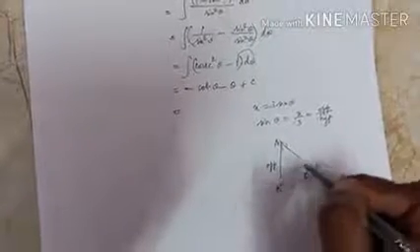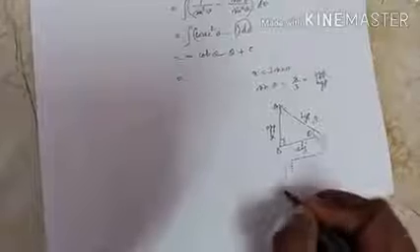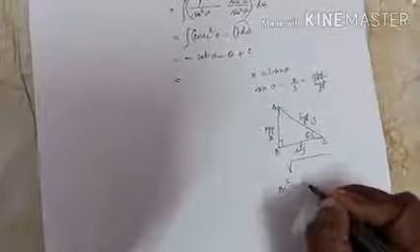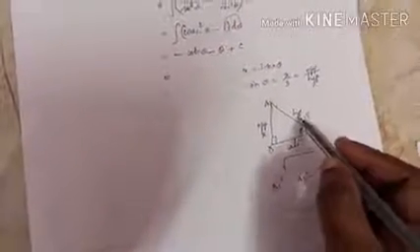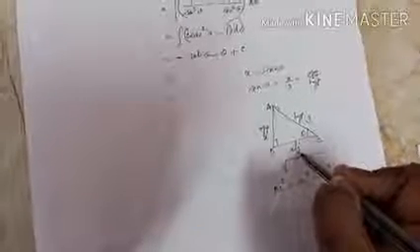Okay. So let us take the right angled triangle, name it as ABC. This is theta, opposite this is the opposite side, opposite to the right angle is the hypotenuse, and this is the adjacent side. So the opposite side is x and hypotenuse is 3. By Pythagoras theorem, hypotenuse square equal to opposite square plus adjacent square.